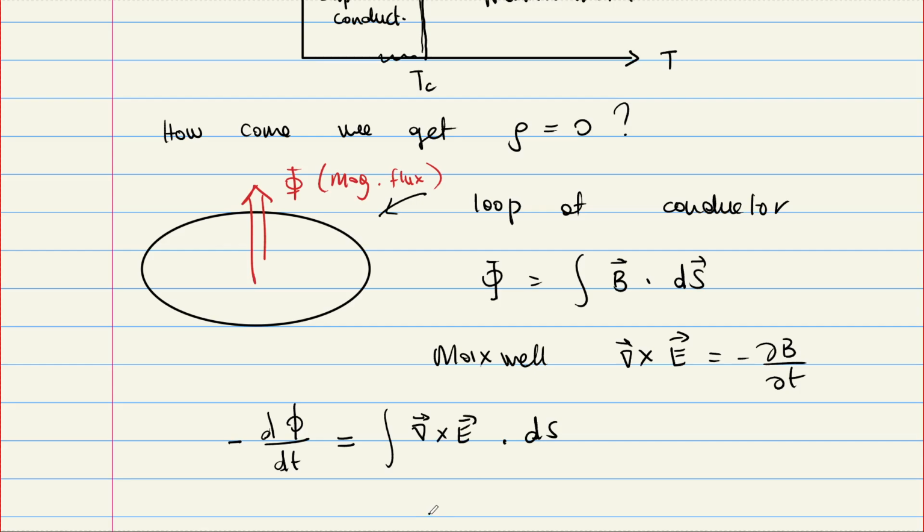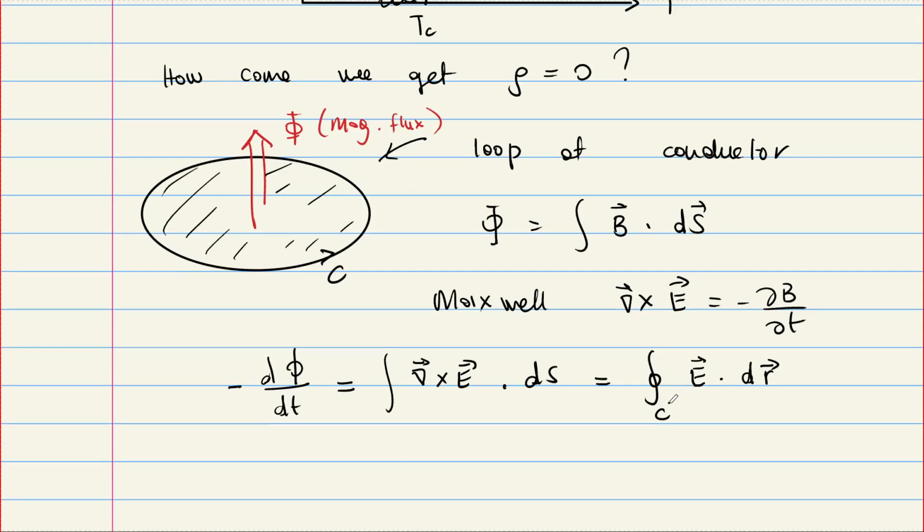Now I can use Stokes theorem, right? Let's take this loop to be inside the conductor. This area integral can be converted to a loop integral, and the loop is going through the conductor. So this is going to be the integral of E dot dr, inside the conductor.